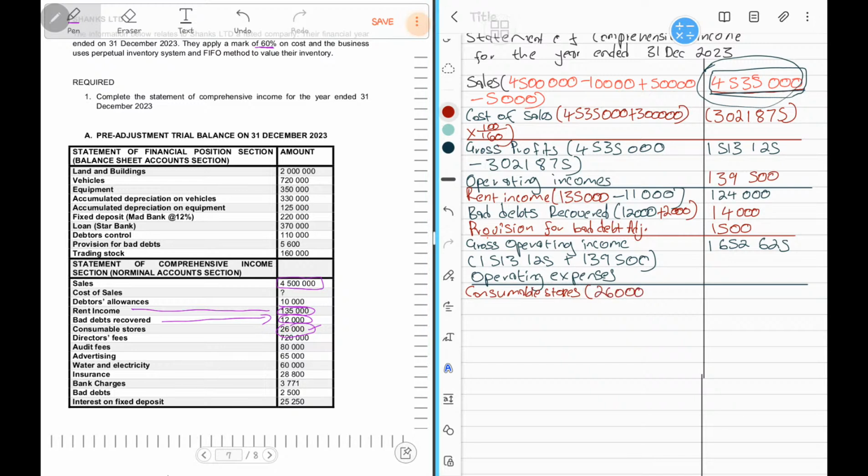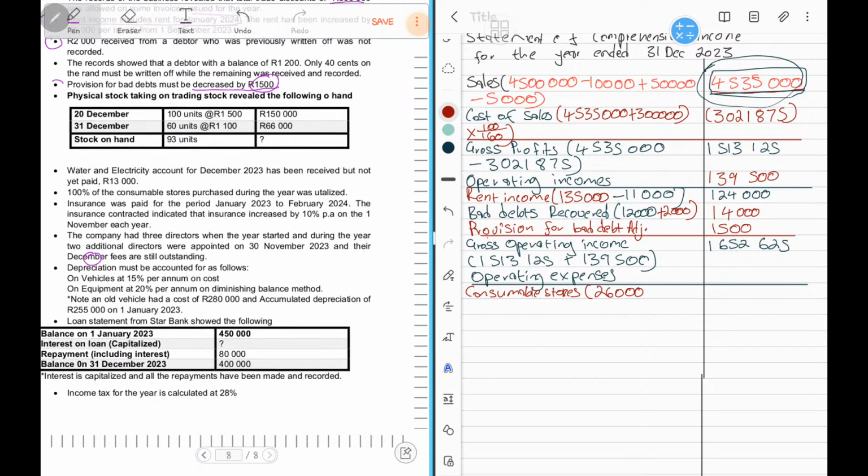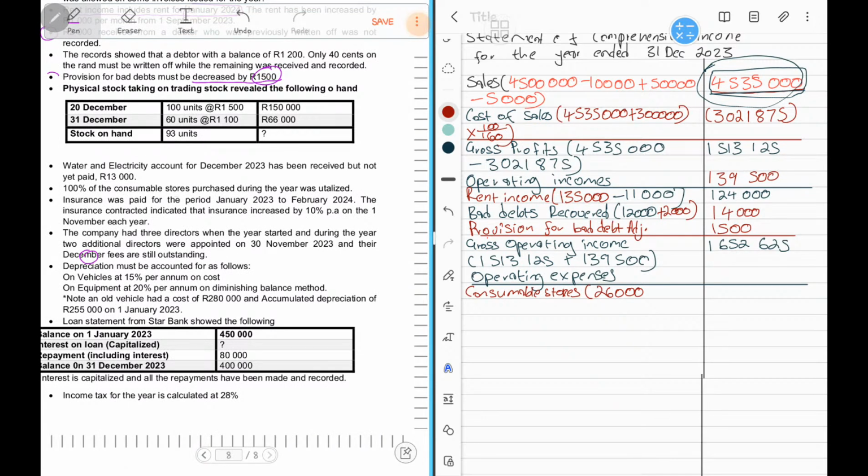Then the third step, to check if there is any adjustment that affects consumable stores. They are saying 100% of the consumable stores purchased during the year was utilized. It means that the consumable stores that was purchased is the one that was used for the year. They used all of it. Nothing was remaining. So it will be 26,000.